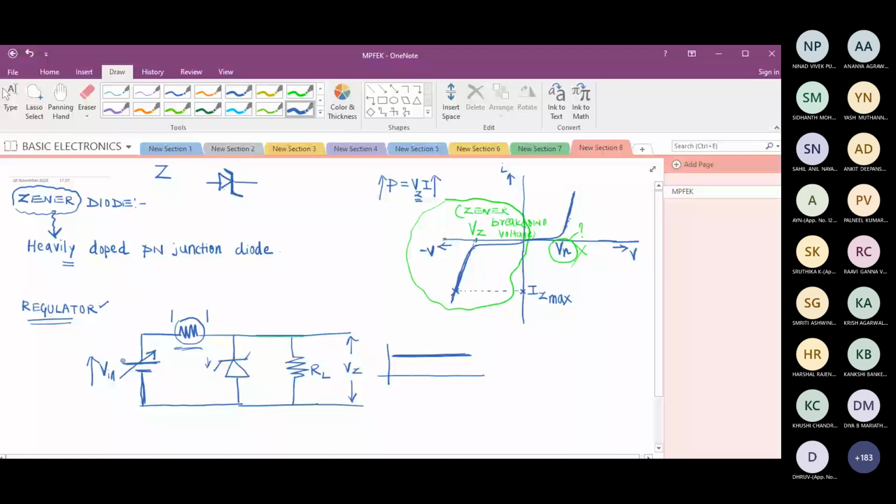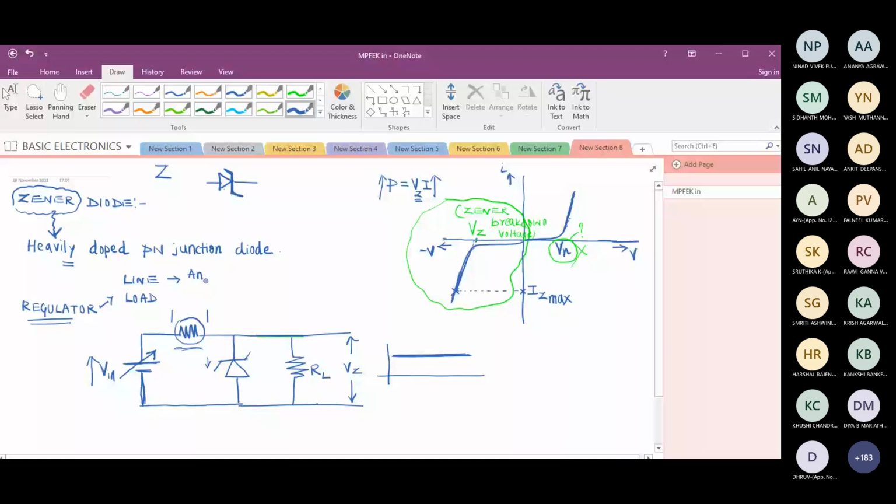So I will define regulators as there are two types: one is line regulation, one is load regulation. What is line regulation? You too can make a note.